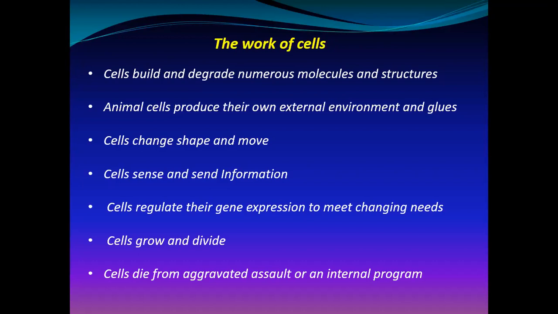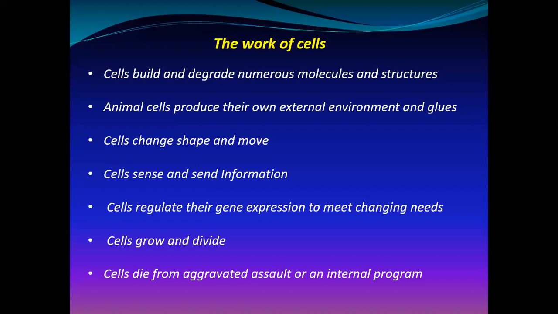We categorize metabolism into two: anabolism and catabolism. The synthetic reactions are called anabolism, and the degradation reactions are called catabolism. So cells continue to degrade and synthesize numerous molecules.